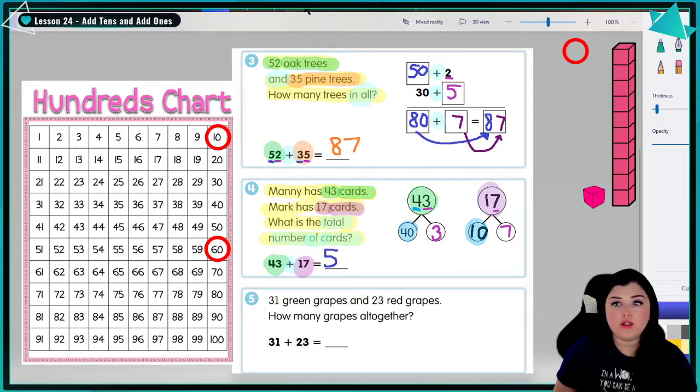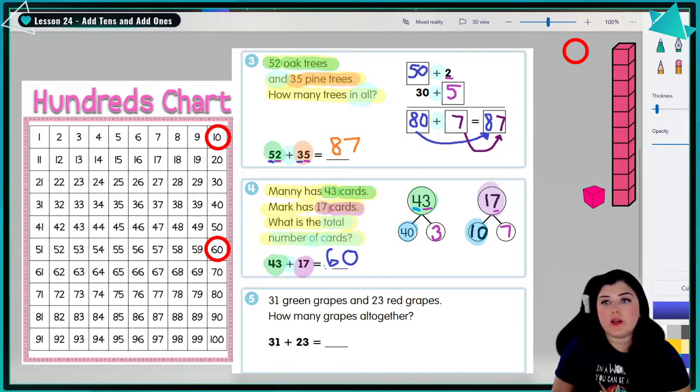So I'm going to turn that 5 into a 6 because now I have 6 groups of 10. And I have 0 ones. So 43 plus 17 makes 60.